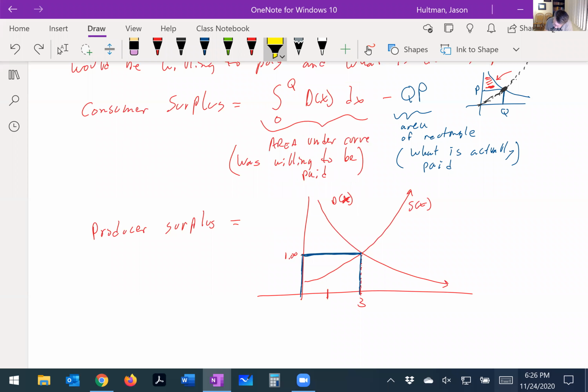Okay, so this area is underneath the curve. This is the area under the curve. Okay, so there's the area under the curve. And this is the actual area that I'm interested in. I'm interested in this area here. This is called the producer surplus. Okay, that's the producer surplus.